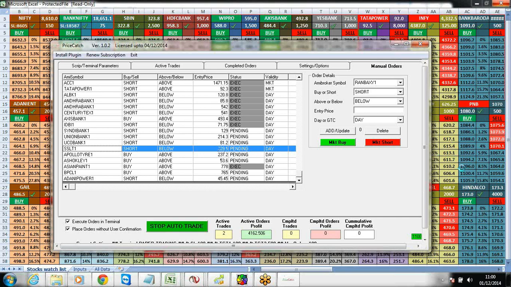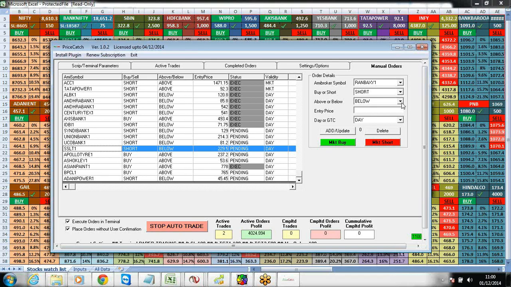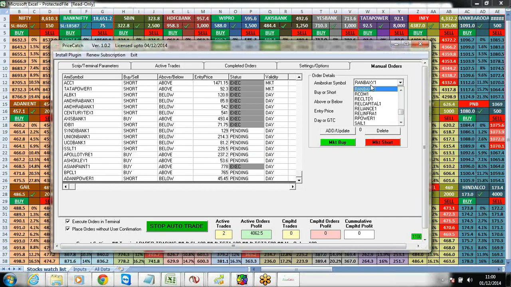So idea, I have a sell call. Sorry, I have a buy call in idea. 162.60 is my entry. So I am placing a buy call in idea.